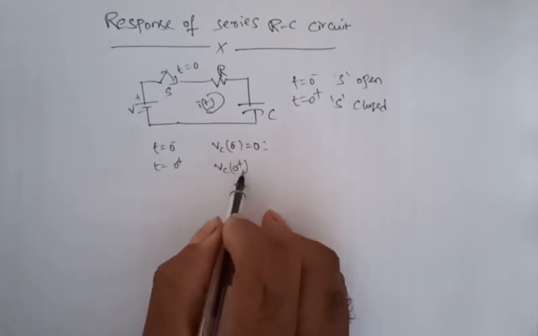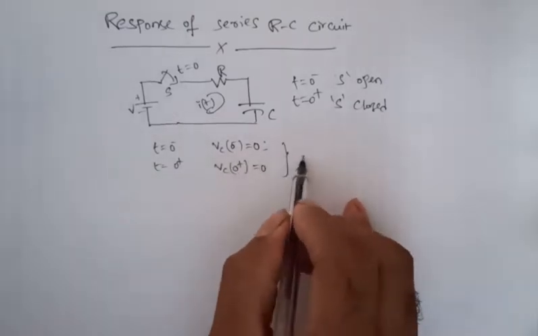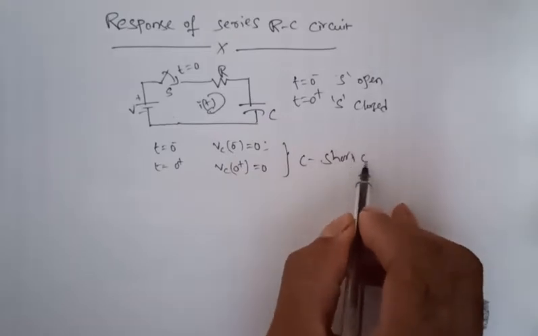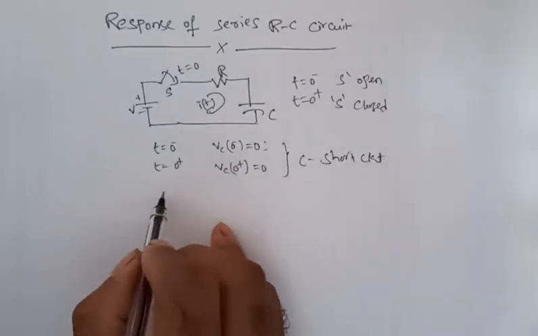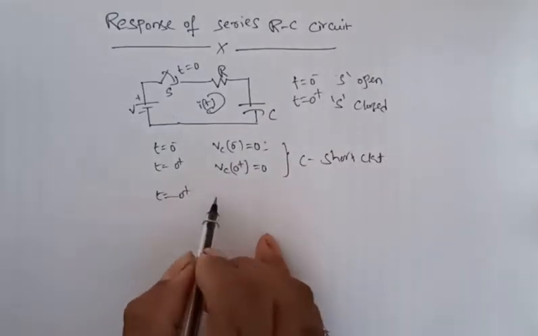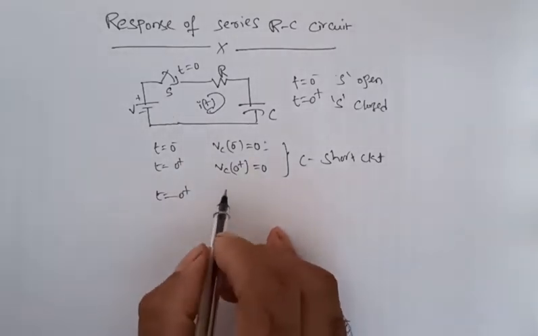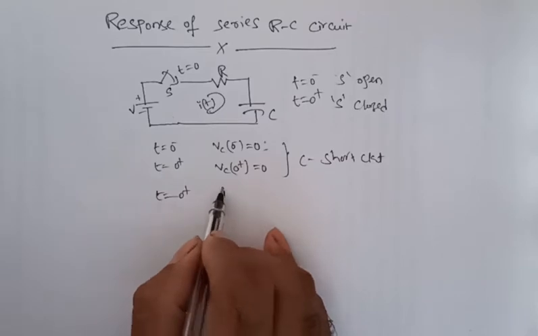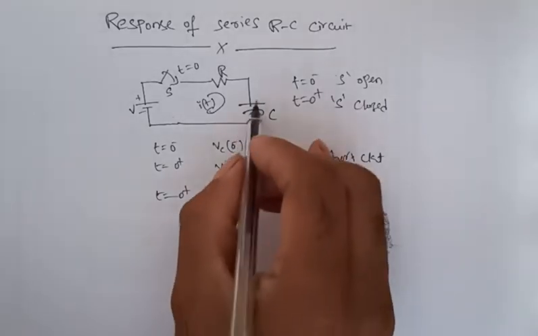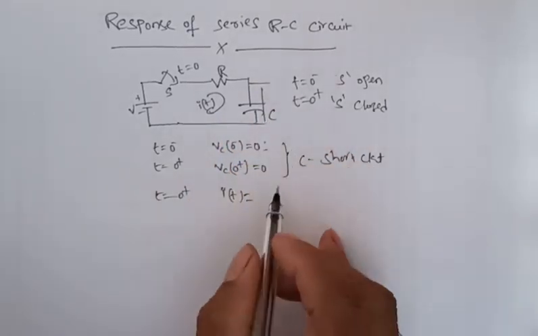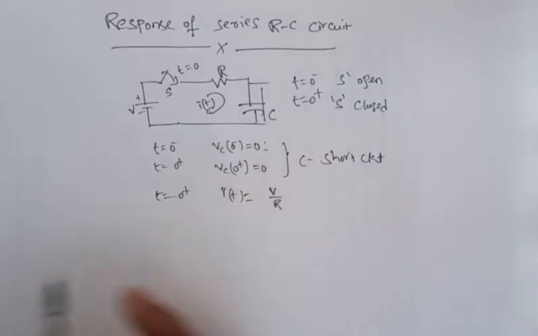That's why Vc(0 plus) also 0, means the capacitor acts as a short circuit. So in this case, at t equal to 0 plus, when switch S is closed, the i(t) will become, by making the capacitor short circuit, simply V by R.